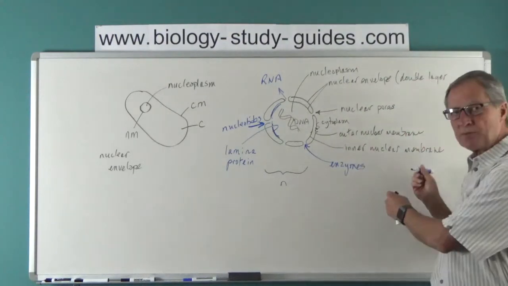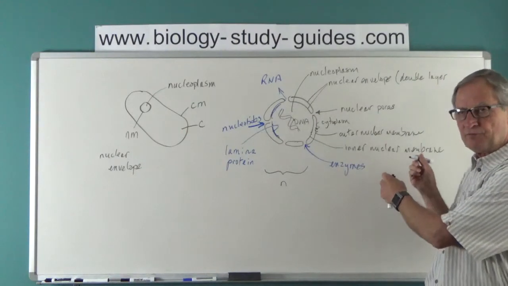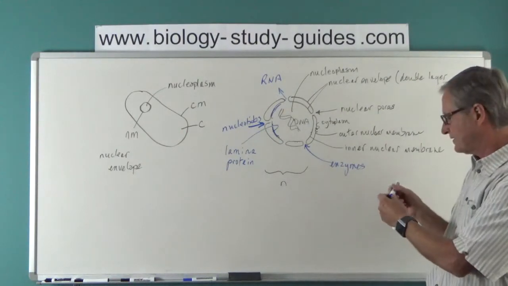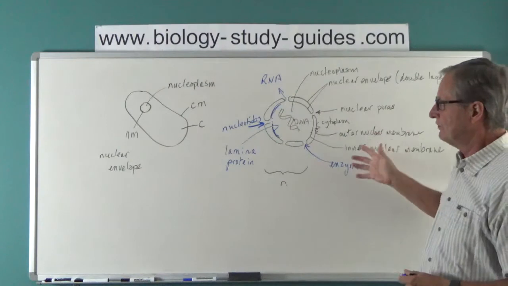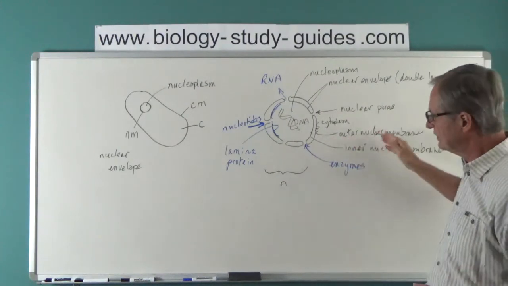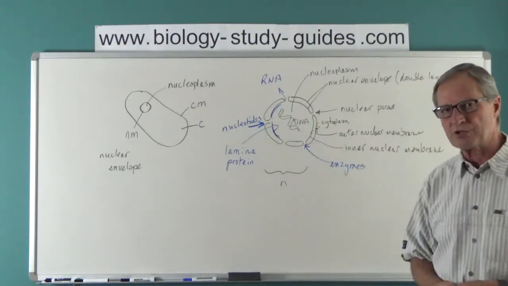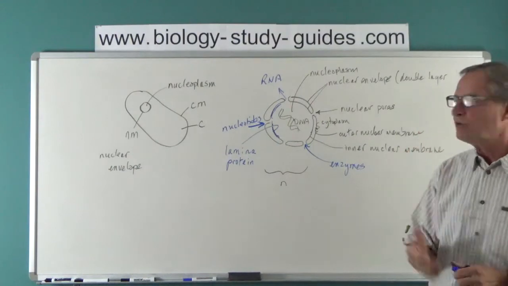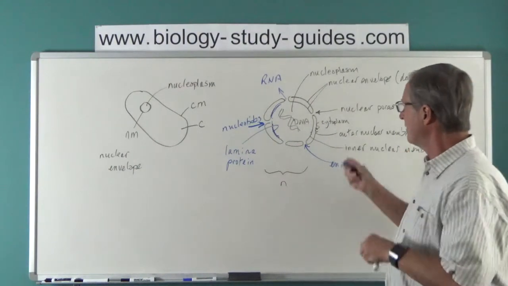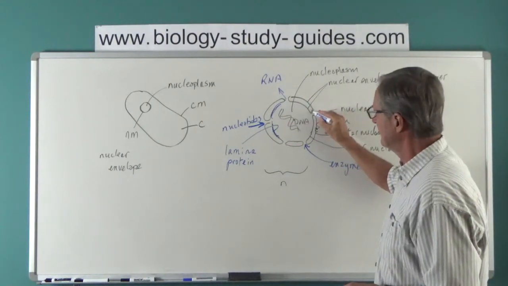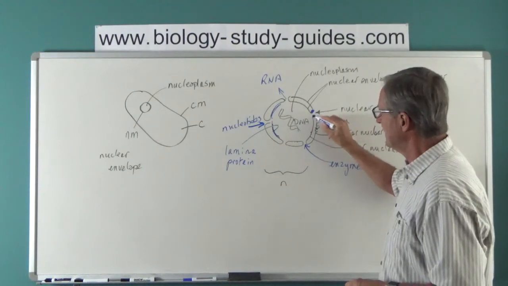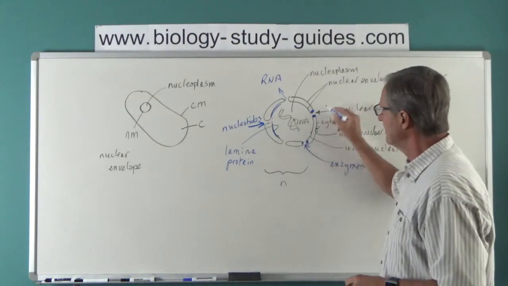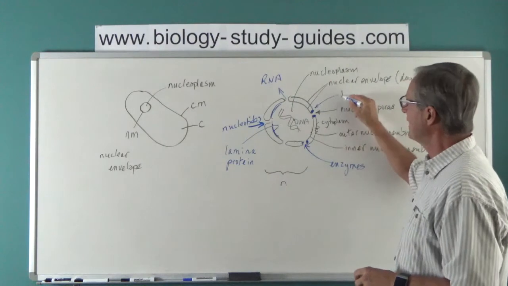Enzymes are made at ribosomes in the cytoplasm. Once they're made, if they're the kind of enzymes that are used in the nucleus, they have to be able to get through the nuclear pores. So you recognize that the nuclear pores themselves are highly specialized. I'll just put some blue blobs on the edges of them here because the nuclear pores are lined with proteins.